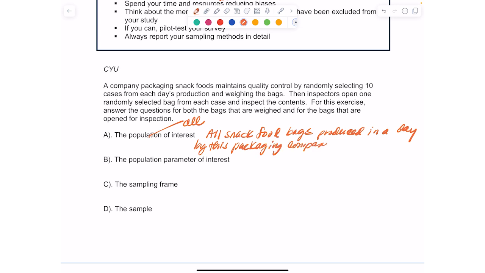Now I'm going to get more narrow. The population parameter of interest would be the weight of the bags, right? The proportion passing inspection.